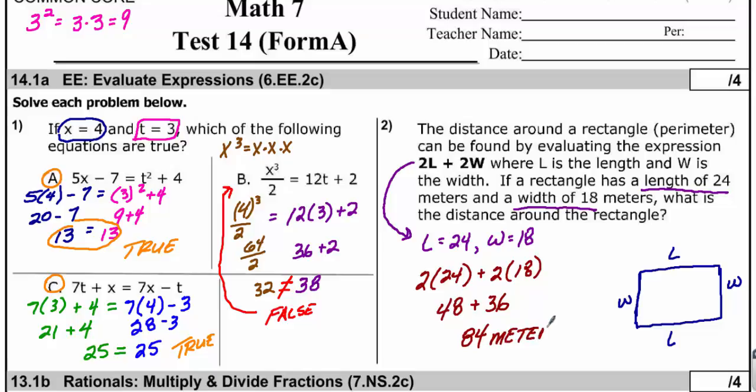And that is our answer. 84 meters is the answer to the question, what's the perimeter of this rectangle when the length is 24 and the width is 18?